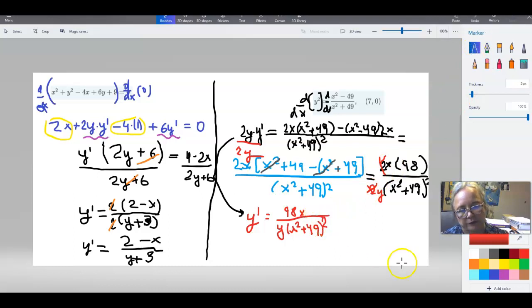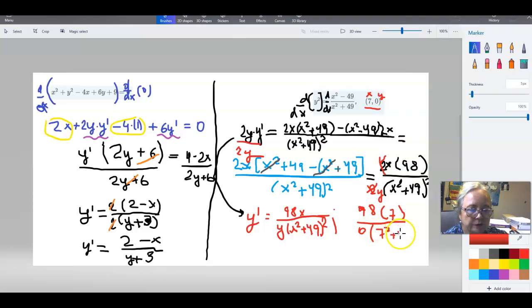So that's our derivative. Our derivative at the point 7, 0 will be the slope of the tangent line. So what do we need to do next to answer this question? We need to evaluate the derivative at the point 7, 0. X equals 7, y equals 0. So when you plug in at the point, you get 98 times 7. Now y equals 0, so division by 0 is undefined, and here you have 7 squared plus 49, squared.